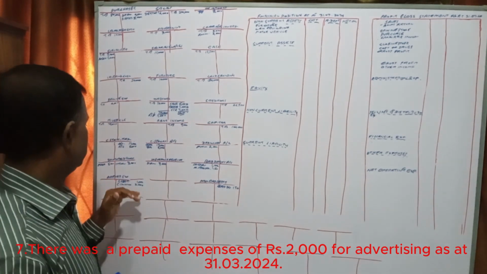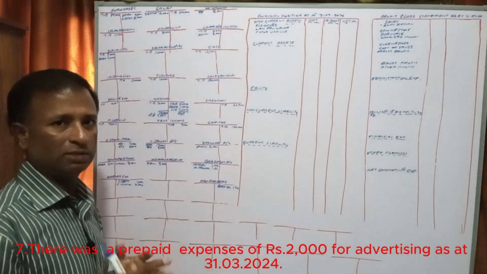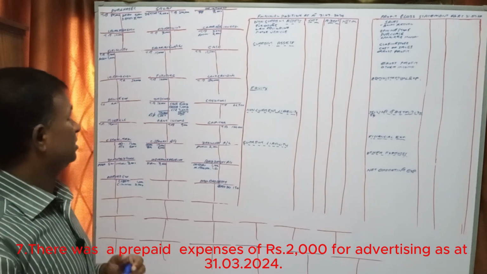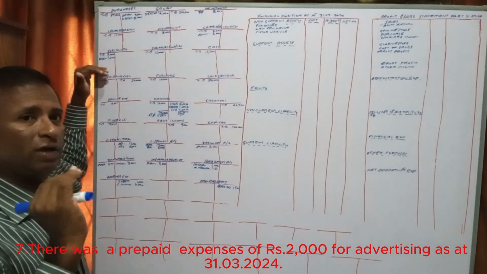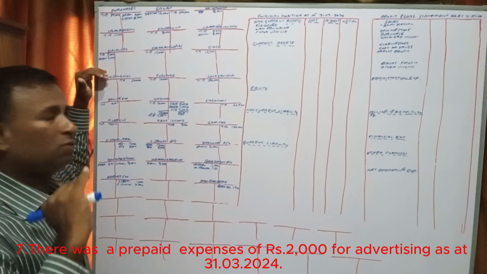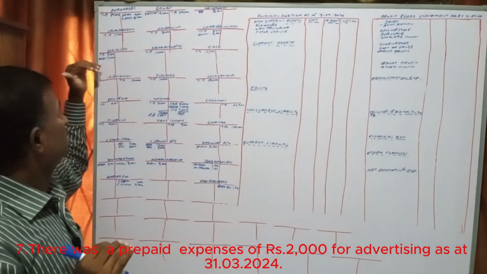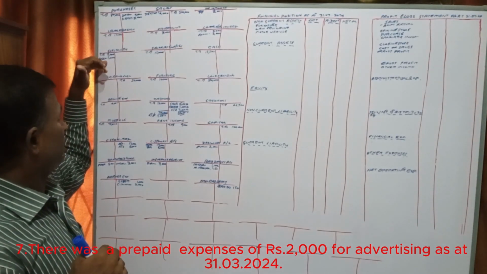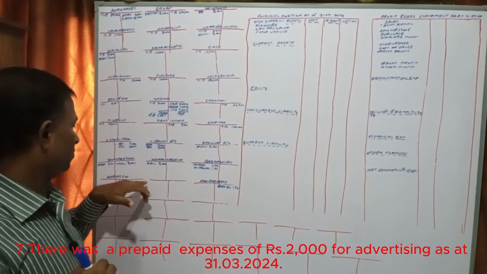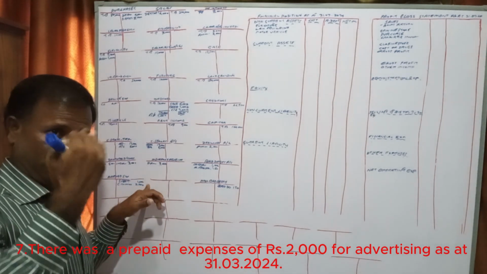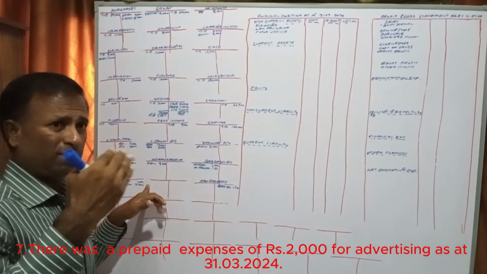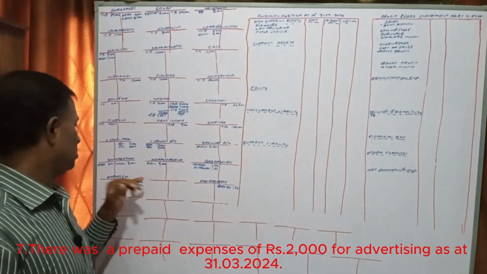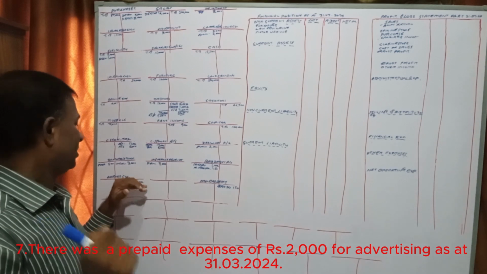Have you understood the accrued expenses? Accrued expenses means amounts payable at the end of the financial year. Electricity bill payable 1000. We already paid 5000, so we are adding that 1000 payable, and the electricity bill we have to debit. Accrued expenses means all the payables at the end of the financial year are put into accrued expenses, so accrued expenses is credited 1000.